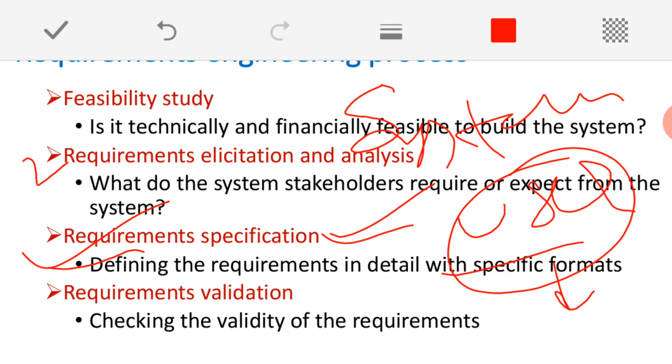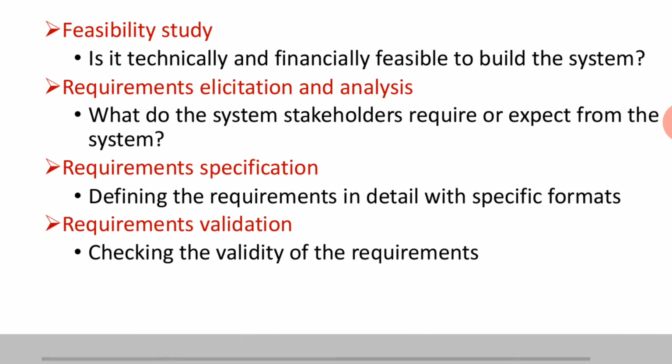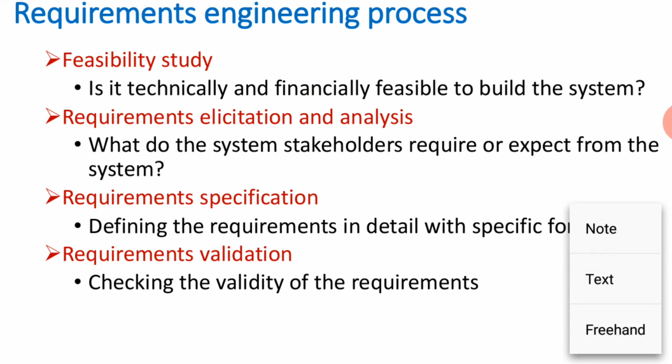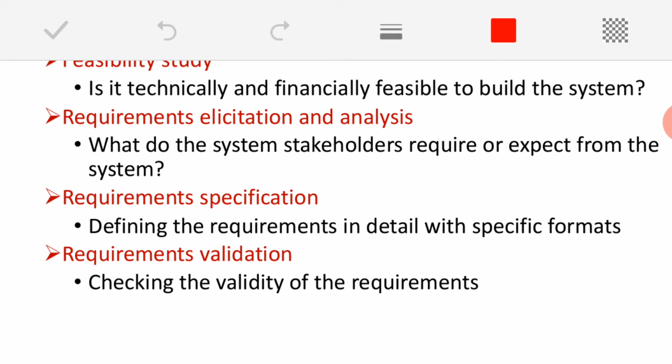Then after specifying these requirements as user requirements and system requirements, my last job is to validate the requirements. Requirements validation. Validation is nothing but checking the requirements. In requirement validation, at the last step, we are going to perform three checks: realism, consistency, and completeness.